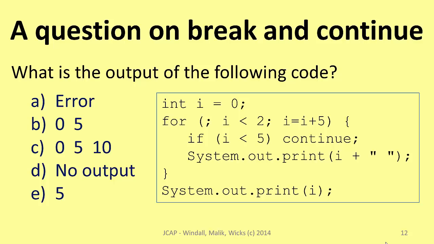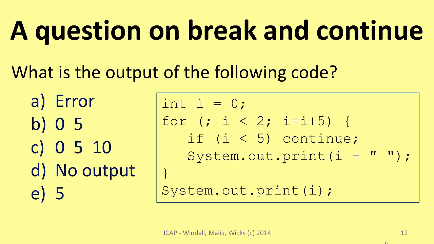Well, since I is 0, I is less than 2. So we go into the loop. If I is less than 5, well, it is less than 5, continue. So it doesn't see the System.out.print I. It never sees that line at all.